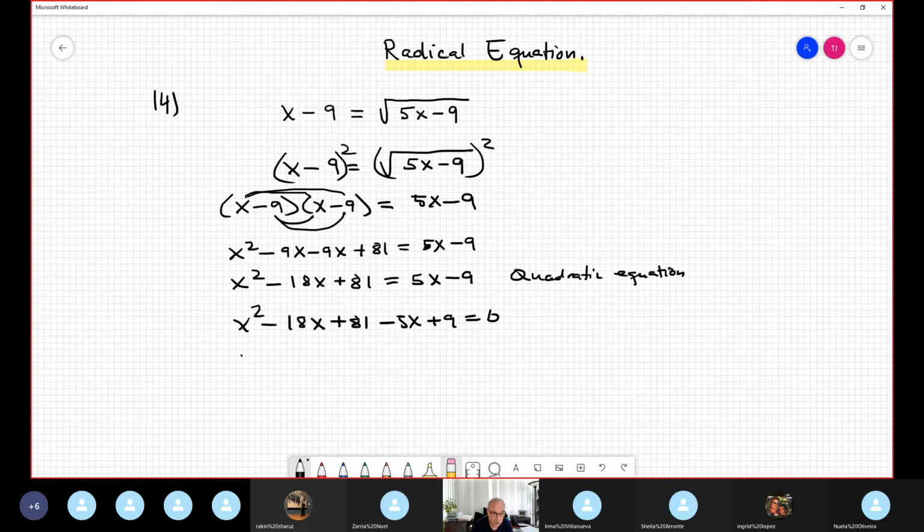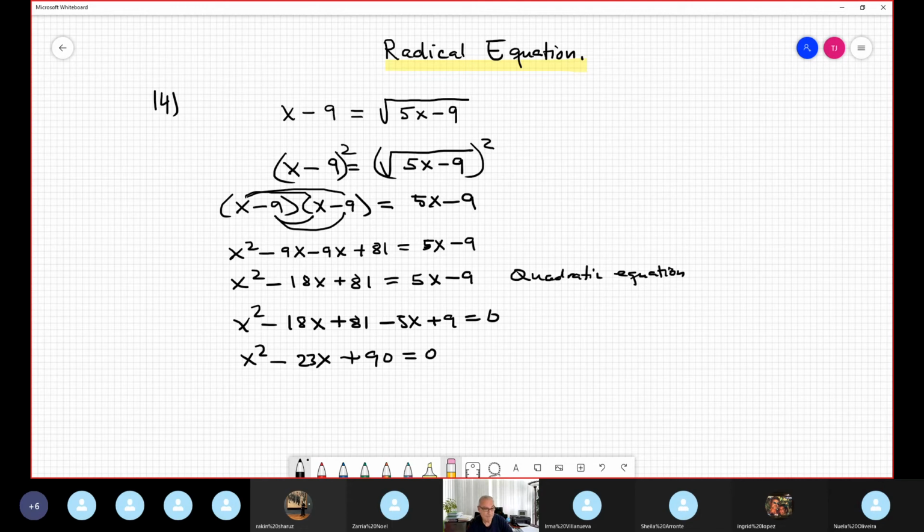This is x squared minus 23x, no? 18 plus 5 is 23. Just in case, I check in the calculator. Okay, 23. And 81 plus 9 is 90. Okay, plus 90 equal to 0.